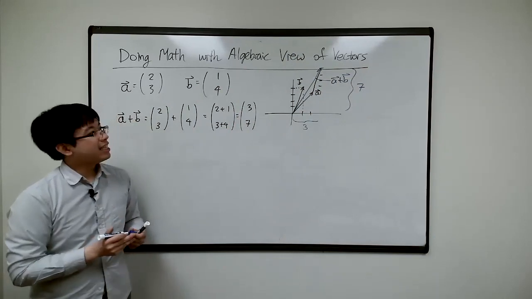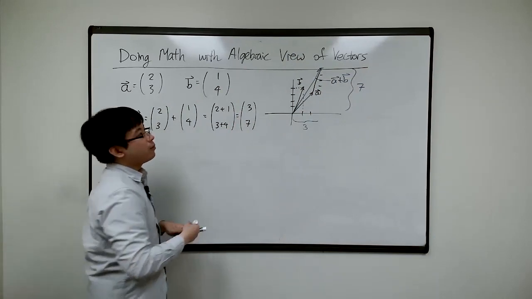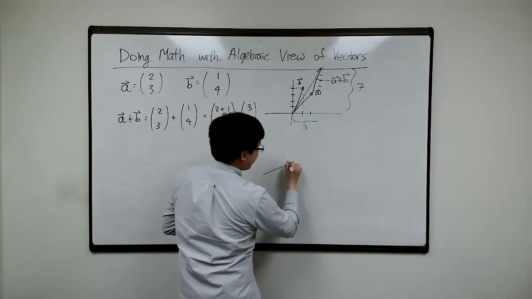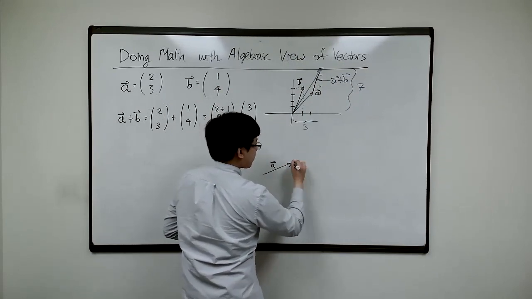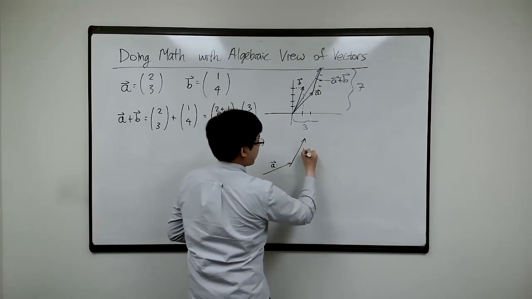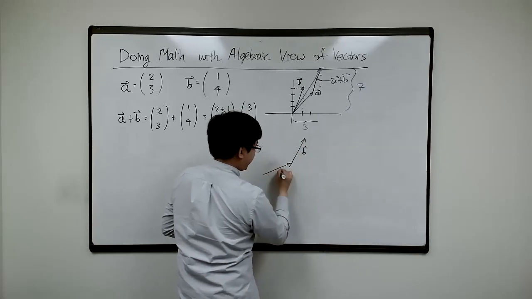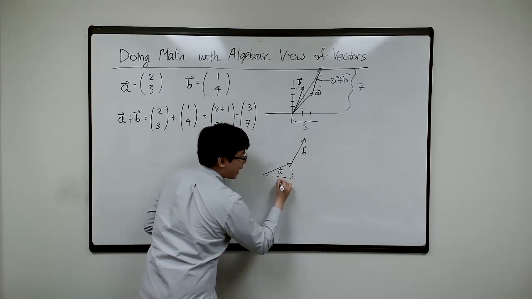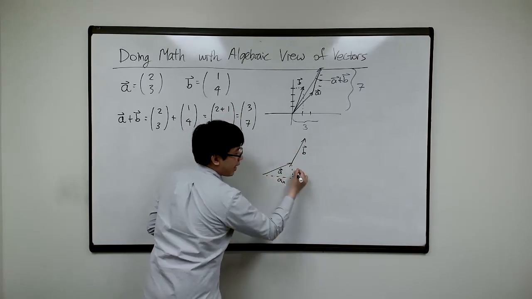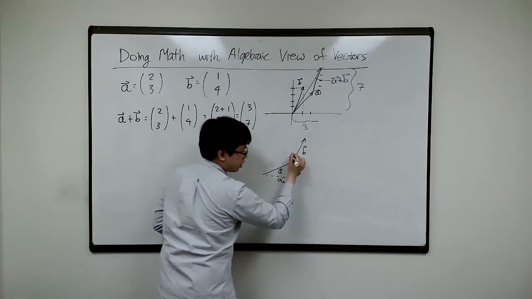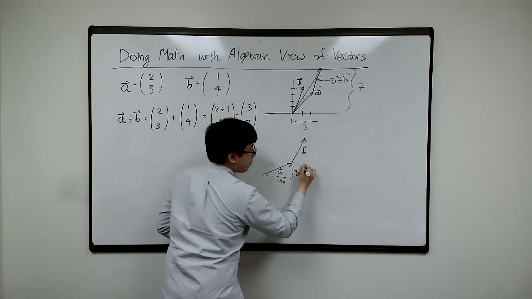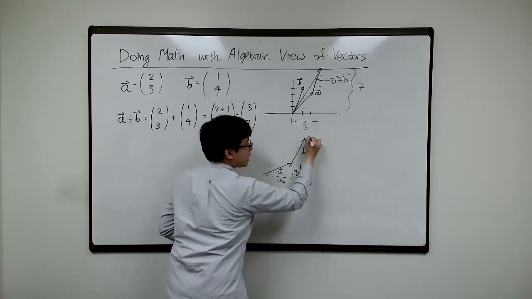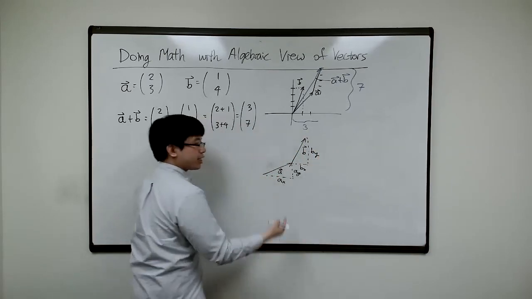In fact, if you think about it in general, if you add any vectors, that's A, and let's say that's B. Let's draw that here. That means I go AX units to the right, AY units to the top, BX units to the right, and BY units to the top.